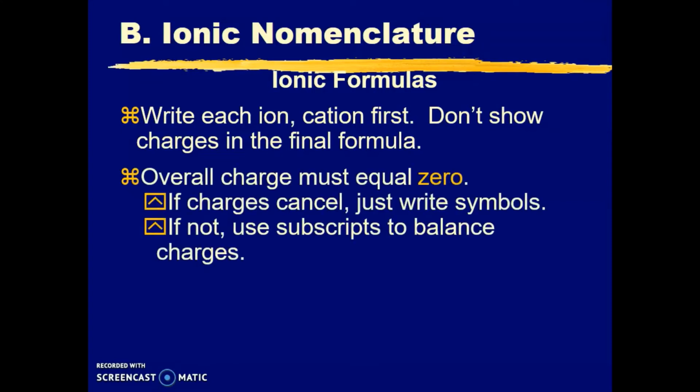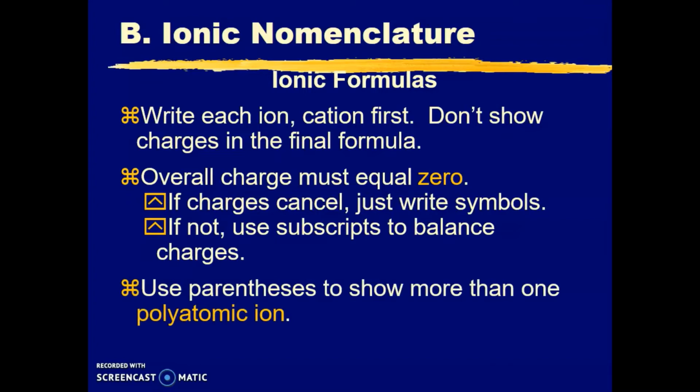Okay, when we go to write these formulas, the overall charge of the atoms must equal 0. I'll do some examples to show you. If the charges of your 2 items cancel out, so they're already equal, then you simply write the symbols, and you don't have to worry about those numbers. If your charges do not cancel out, then we need to use subscripts to balance out the charges.